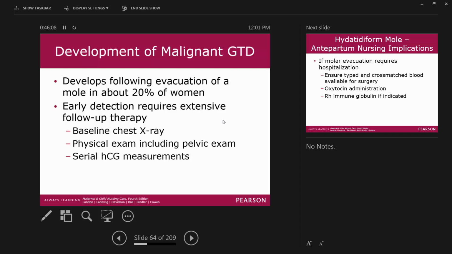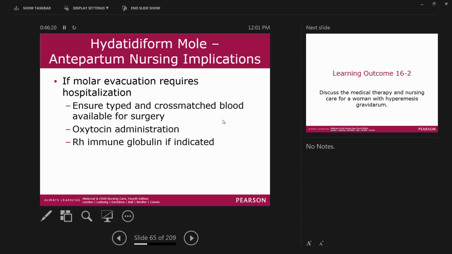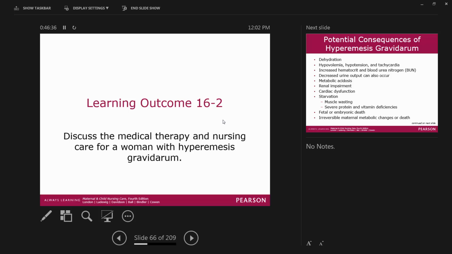So we will follow this woman once a year or every couple of years, just to make sure she's not developing any type of carcinoma. Why is it a chest X-ray? If it spreads. So we talked about the evacuation, hospitalization to do that. All right.